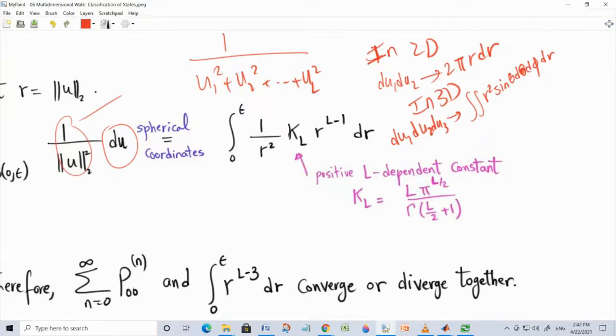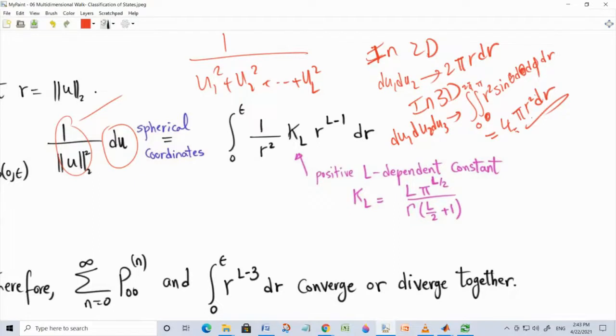So you integrate phi from 0 to 2 pi, and then you integrate theta from 0 to pi. And so what you get is a constant, something like 4 pi r squared dr.